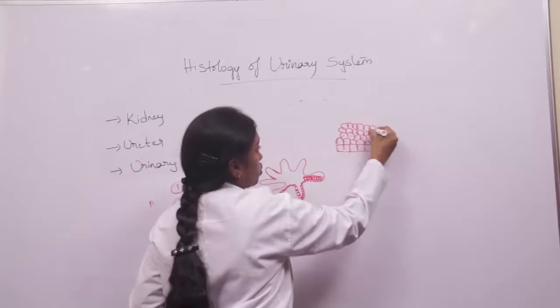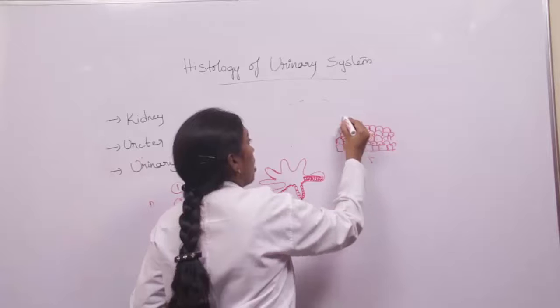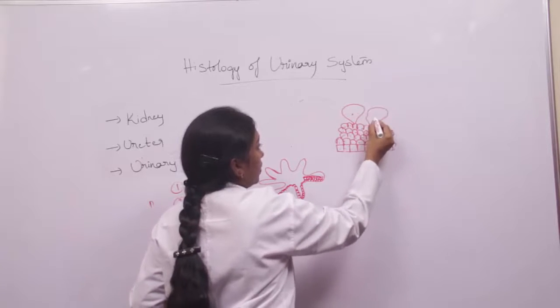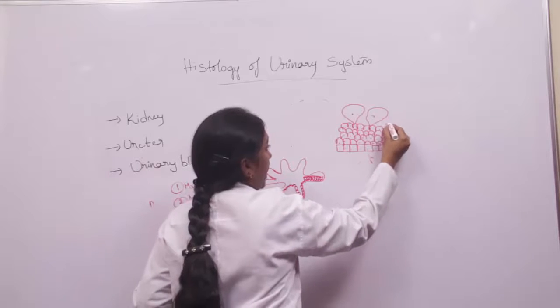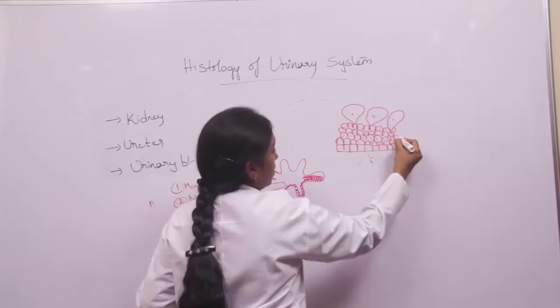These umbrella-shaped cells help in the stretching of the urinary bladder.